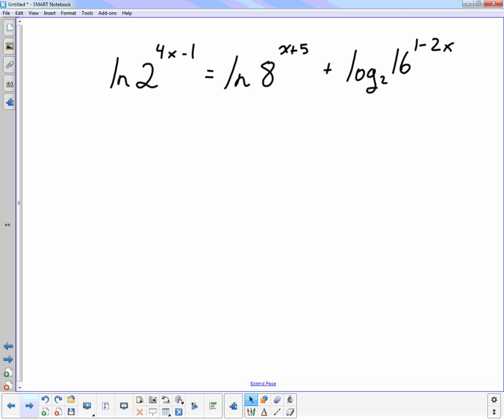Okay. Take your 4 minus 8x, bring it down to the front, and then your log base can go away. So you get the same thing, but you just have to do it differently. You don't get the same thing exactly. You see, x is some number.